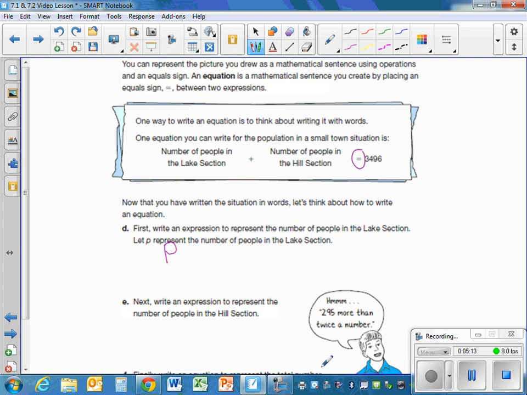Notice this little guy down here says, 295 more than twice of a number. So we can represent twice of P, or 2P, and then we also want 295 more than that. So we have twice P and 295 more, or 295 more than twice of P.